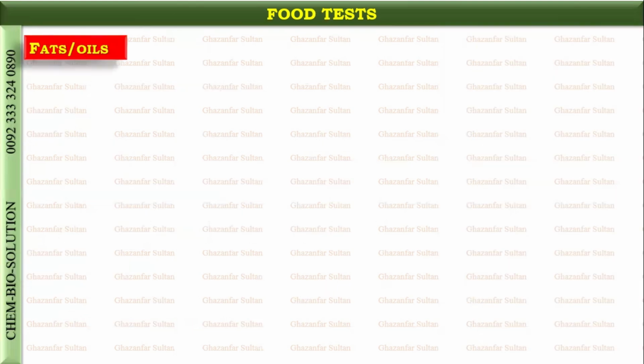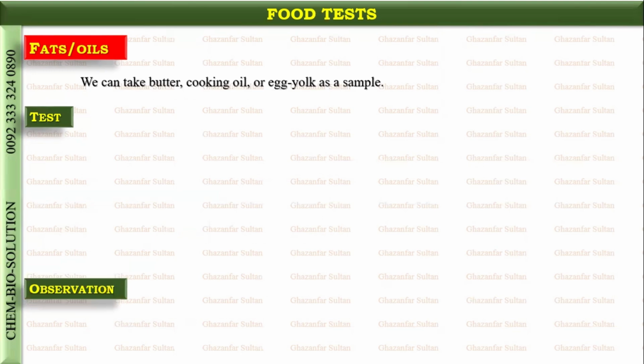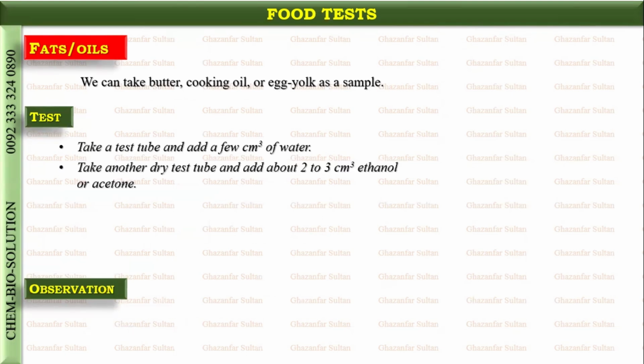Now the test for fats and oils. It can be tested in two ways. First, you can take the sample, either the butter, cooking oil, or egg yolk, which have fats. Then the test, take a test tube and add a few centimeter cube of water. Take another test tube and add about 2 to 3 centimeter cube ethanol or acetone. These are the organic solvents.